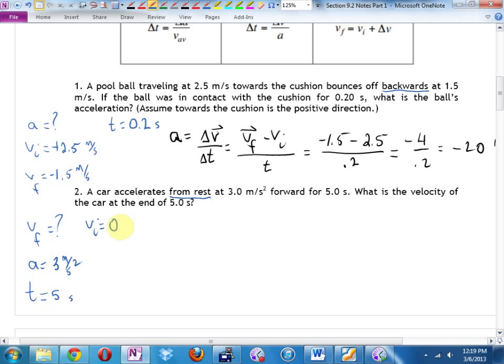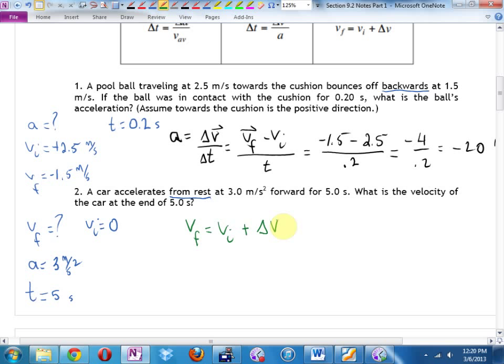So which equation of the ones in the box, on your green sheet, has the V final by itself? It says V final equals V initial plus delta V. By the way, what is delta V?